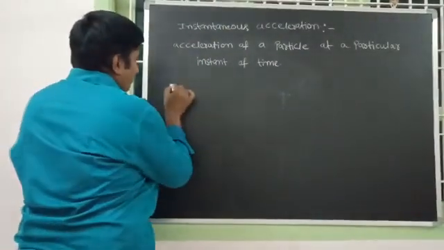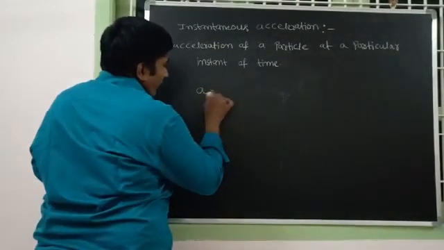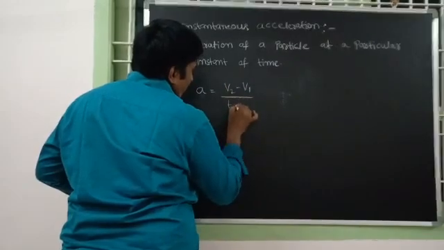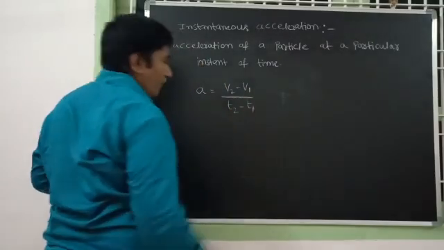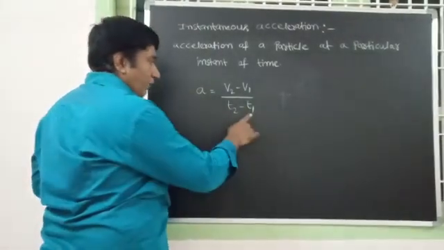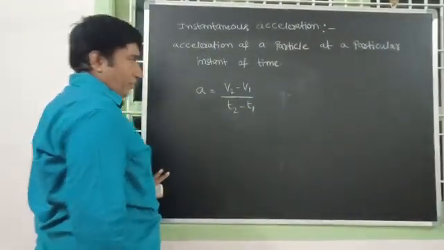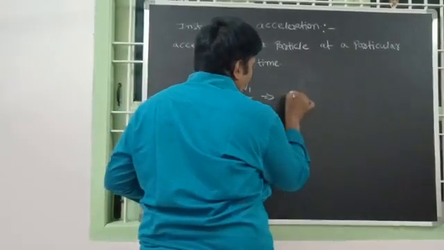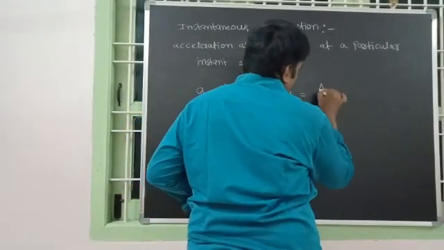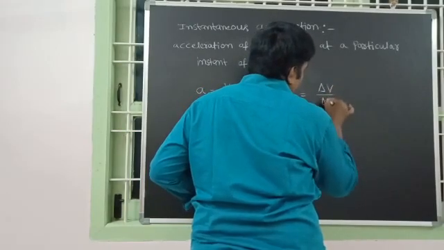With the help of the definition we discussed, a is equal to v2 minus v1 by t2 minus t1. Here v1 and v2 are initial and final velocities, and t1 and t2 are initial and final times. This we write as acceleration a is equal to delta v by delta t.